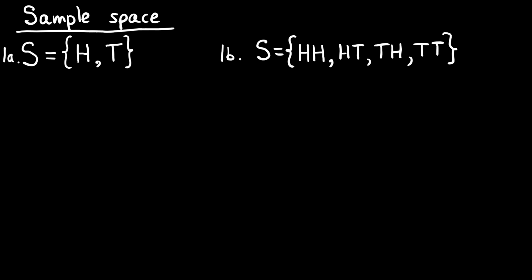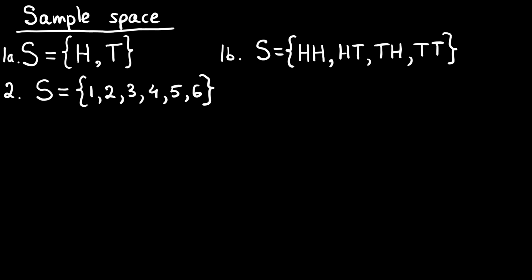Okay, let's look at another experiment, the experiment of rolling a die. So we know that when we roll a die, we have 6 possible outcomes corresponding to the numbers 1 through 6, the integers 1 through 6. That's the sample space of that experiment.